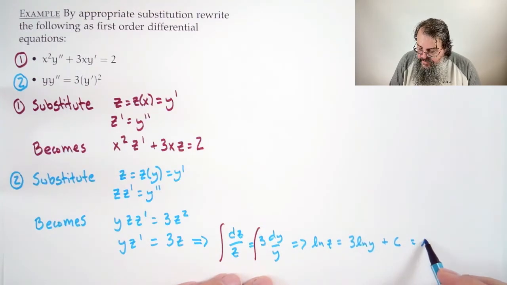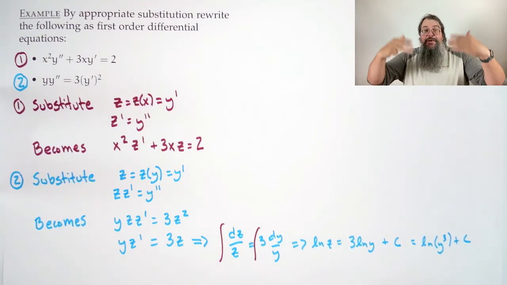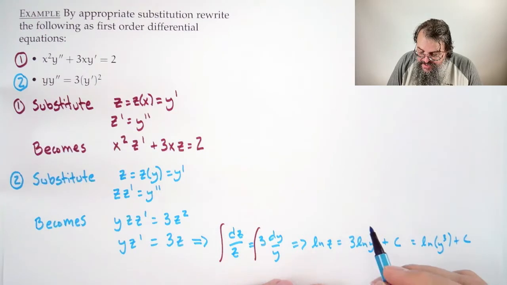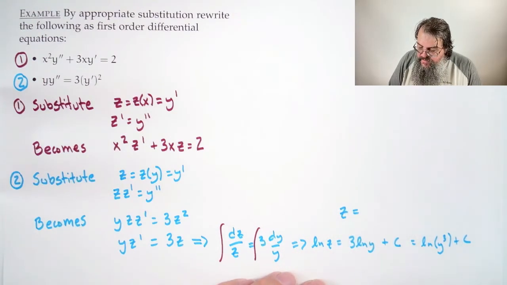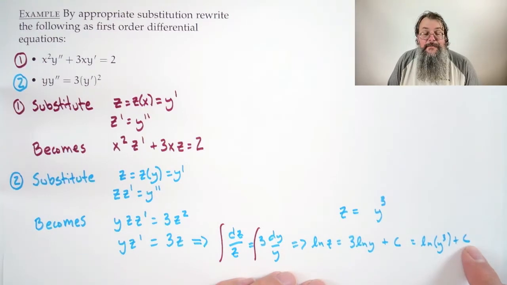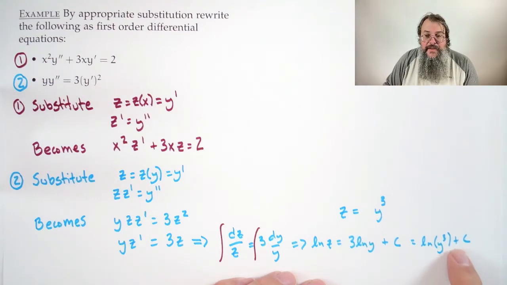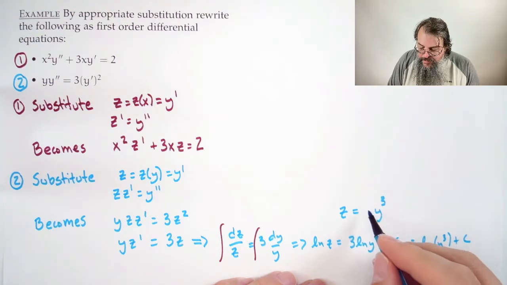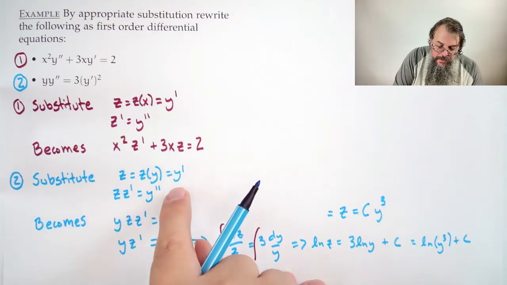Well, this is the same as natural log of y cubed plus c. Put both sides into the exponential function, and so we get z by itself. So we get that z is equal to e to the log of y cubed, which is y cubed, and e to a constant is a constant, so we'll just replace it by c. This plus becomes multiplication.